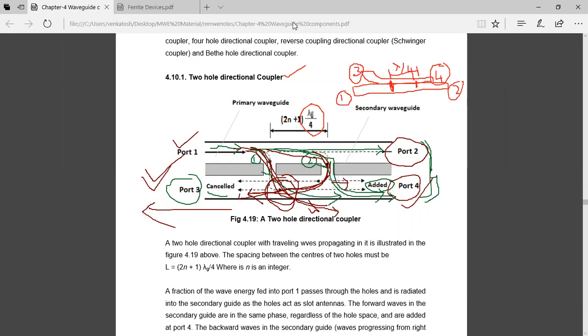The three devices we have are the gyrator, isolator, and circulator. So these three are very important. As time permits, we'll discuss these ferrite devices.